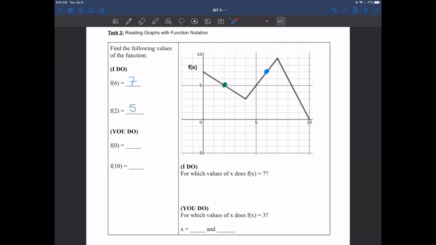So I'm going to go up to y equals 7. And so here I have a point already. So x equals 0. Okay, and then I'm going to keep scanning to the left and to the right. And oh, look, f of 6. So x equals 6. And if I keep scanning, oh, here's another one. So we're going to have to estimate this one. This is about, I don't know, 7.7, maybe 7.8, one of those things.